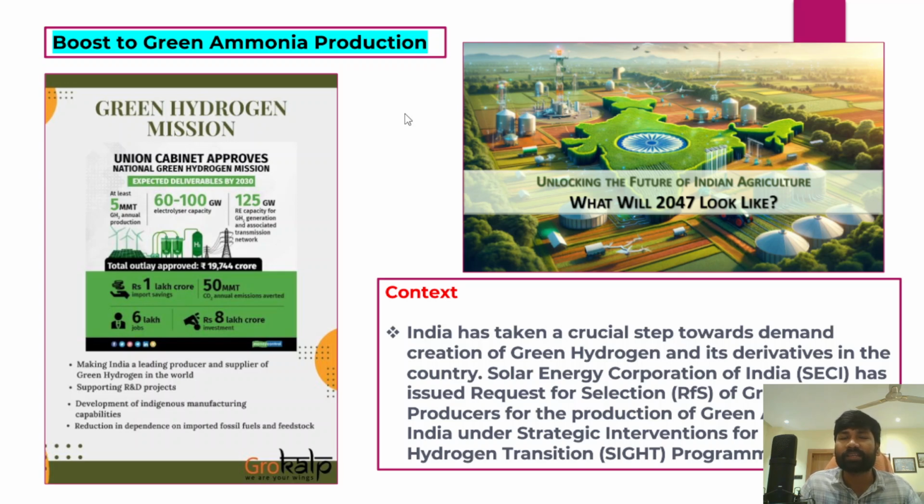Now when we use these renewable fuels, mainly green hydrogen, that could significantly reduce emissions, or rather it will not come with any greenhouse gas emissions. So that is important here.